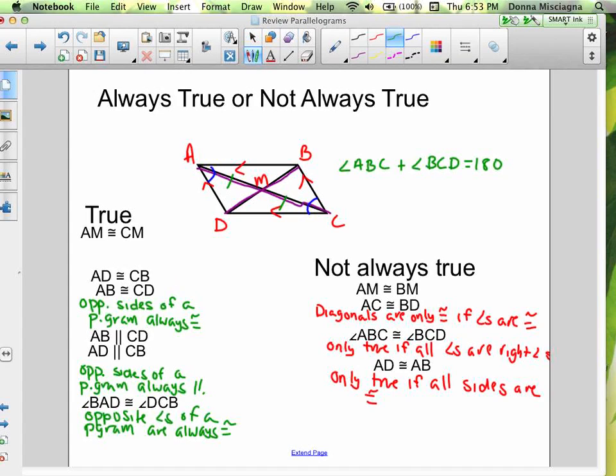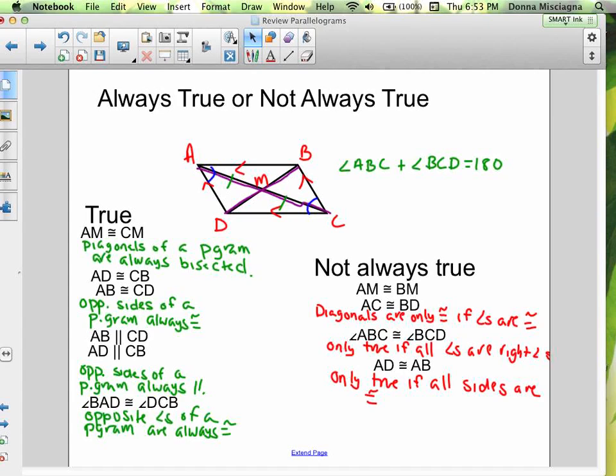And that's because diagonals of a parallelogram, a p-gram, are always bisected. They divide, so each diagonal divides the other into 2 congruent parts. So I hope that helps you know what things are always true and not always true about a parallelogram. Okay.